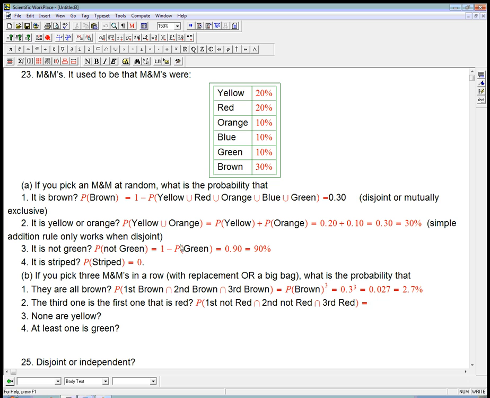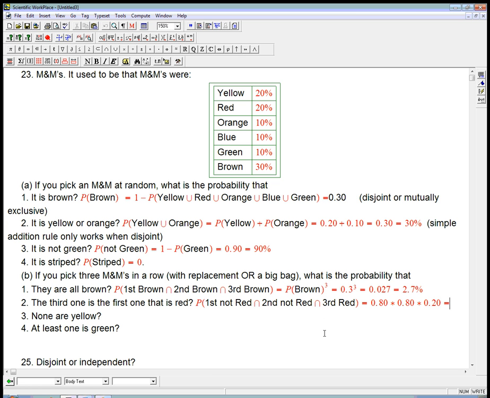Now again, we have to assume the independence assumption. But if we do, then we just have the product of the probabilities. The first not being red is 80%, because there's a 20% chance to be red. So that's 0.8 for this one, times, using the independence, the second not being red is another 0.8 probability, and then times 0.2, because on the third one we actually do want it to be red.